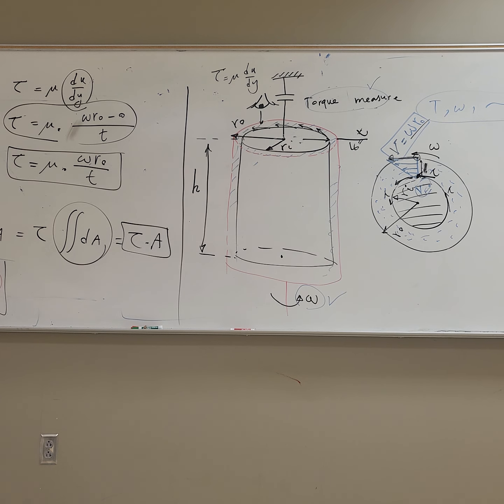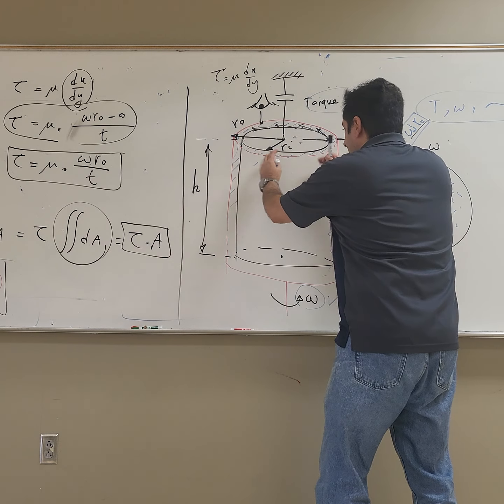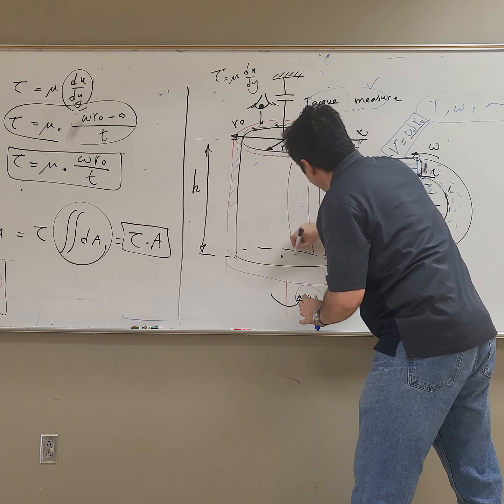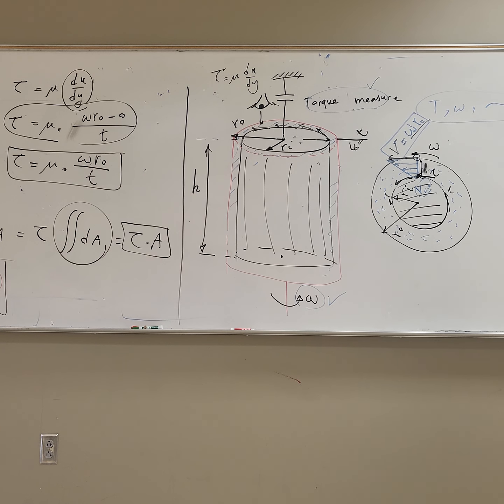But look, this just gives you the shear stress at the surface of this cylinder, everywhere on the surface of this cylinder. If I want to integrate all this tiny shear stress, what should I multiply that shear stress by to get the force there? The area, right?